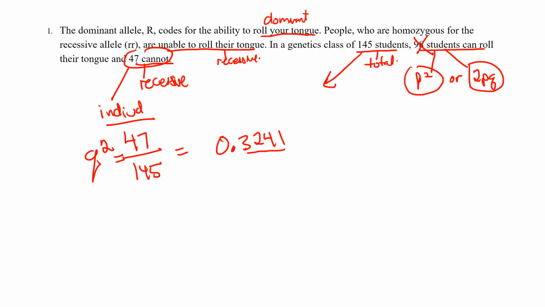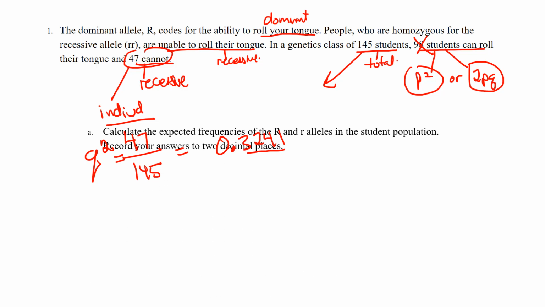So that's just part of it. We haven't even actually got to the question. When we take a look at the question, it says, calculate the expected frequency of the R and the little r allele. So what they're asking for is the dominant allele. In our formula, P represents the dominant allele, and they're asking for Q as well.